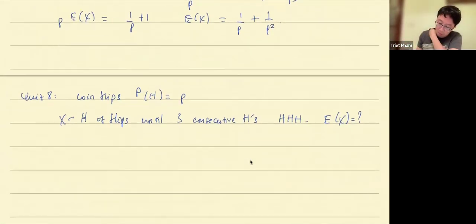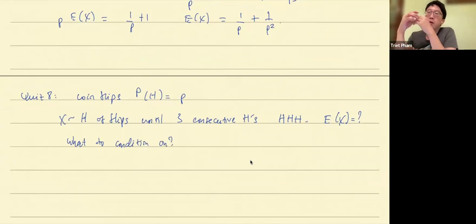Okay. So again, we want to find the appropriate random variable to condition on. So what is it? What should we condition on here? What is a random variable to condition on?